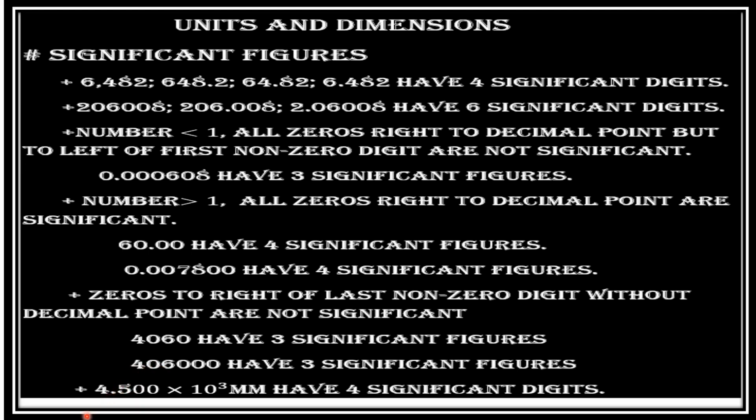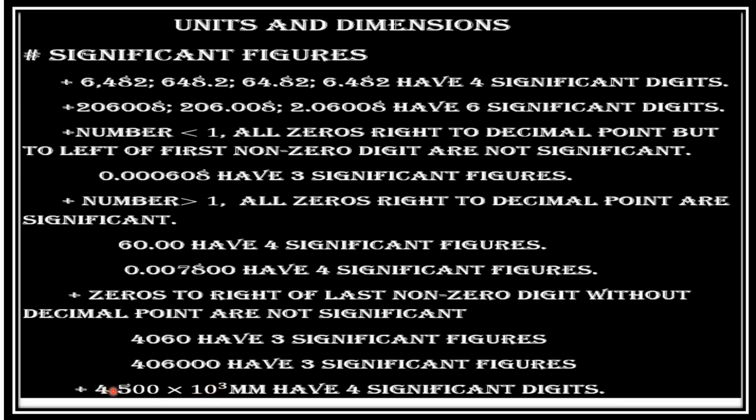Coming to a standard and exceptional case: 4.500 into 10 cube, meaning millimeter. This is the standard representation for 4.5 kilometers. You may find it has only four significant digits. We do not include the 10 cube in finding significant digits.